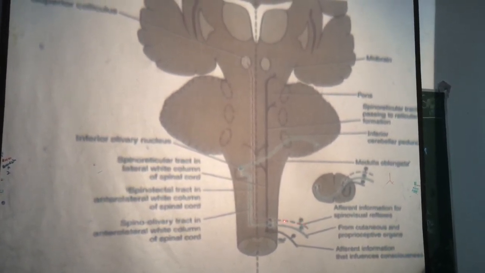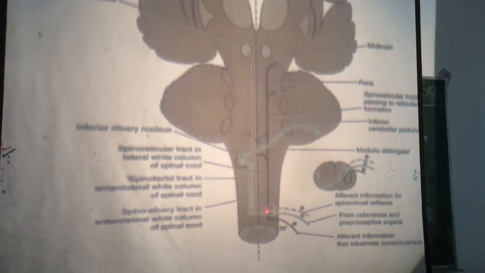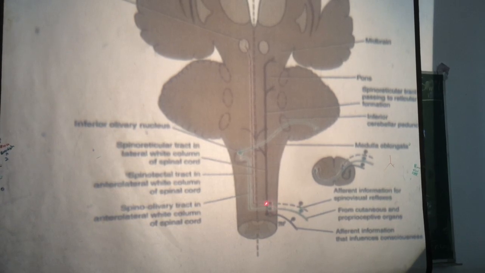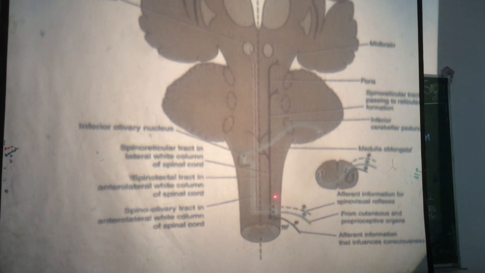These are the first order nerve fibers entering the spinal cord through the posterior nerve root, and they synapse with second order neurons in the posterior gray column of the spinal cord.